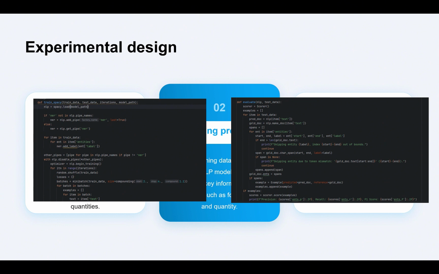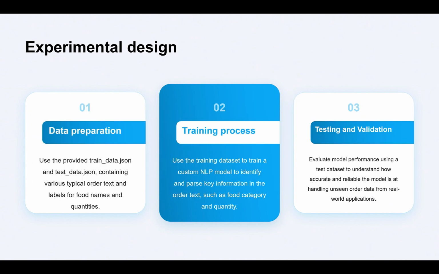Data preparation. Use the train data JSON and test data JSON I provide. This data contains a variety of typical order texts, and each text is labeled with entities of food name and quantity. This data will be used to train and test our NLP model.